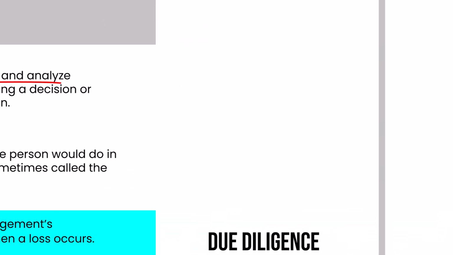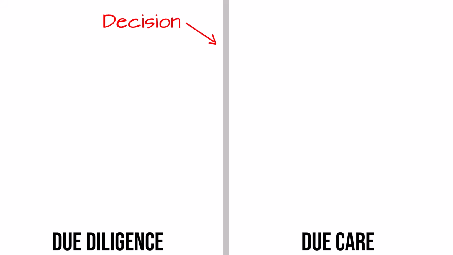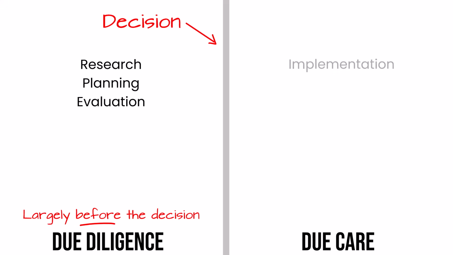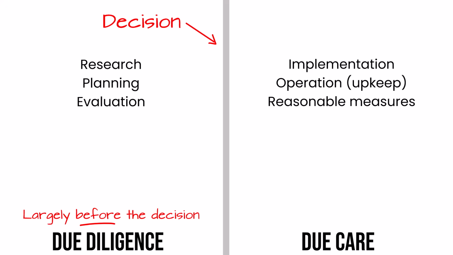So let's just break these down a bit further. So if we have a decision, due diligence typically happens before the decision. There's research, planning, evaluation, largely before the decision. And due care is the implementation, the operation and upkeep, the reasonable measures of security, the doing after the decision, really.